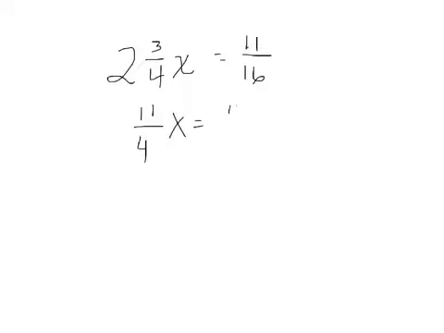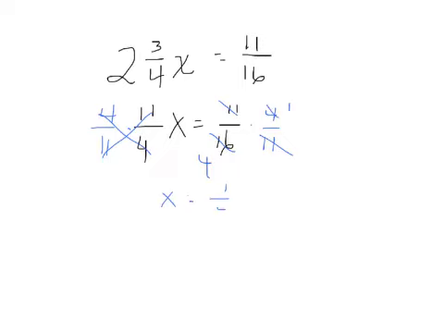It's going to equal 11/16. I'm going to take this, multiply by 4 11s on both sides. These will cancel out. The 11s will cancel out. The 16 can reduce. I get x is equal to 1/4.